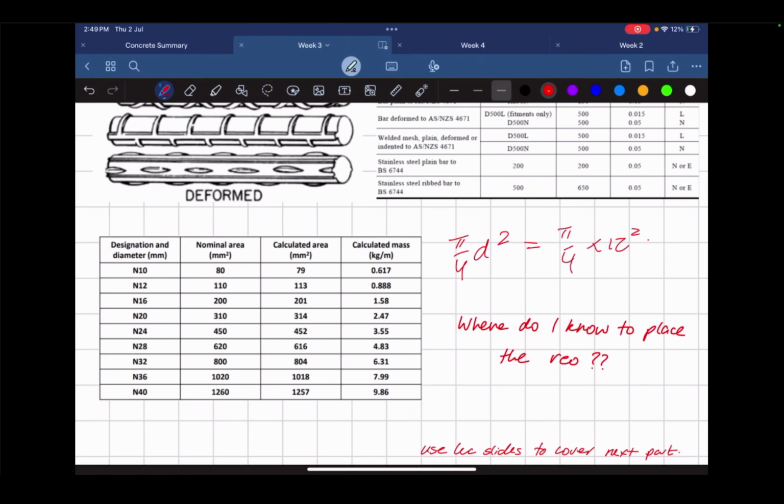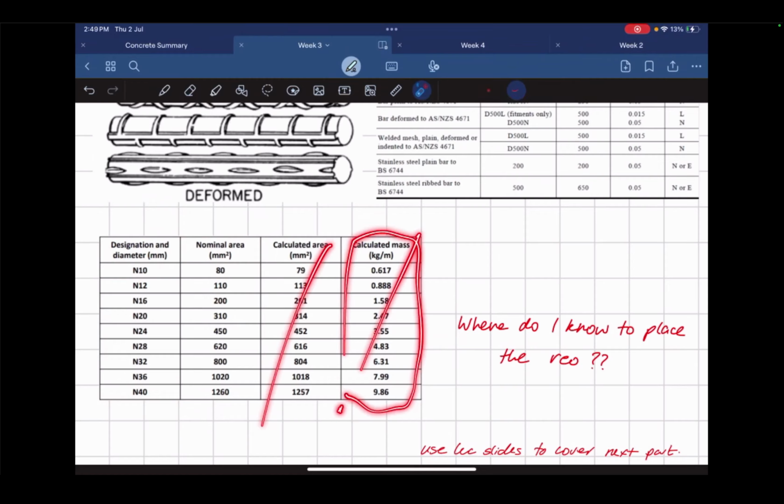If I did 12 squared, that'd be 201 point something, 201.34, but we just take it as 200. Nothing really much else to say. Not important for this course, so I'm not going to cover this.